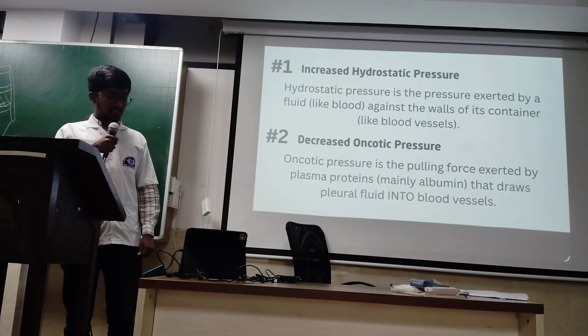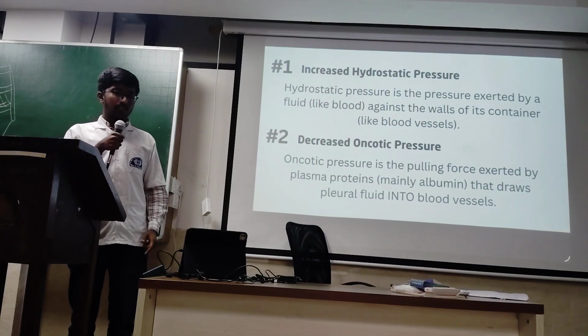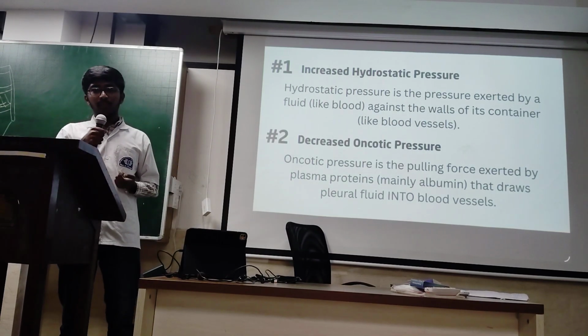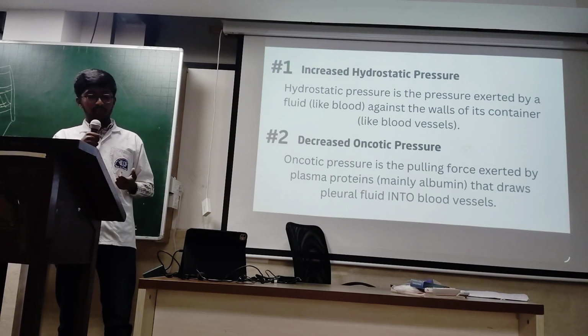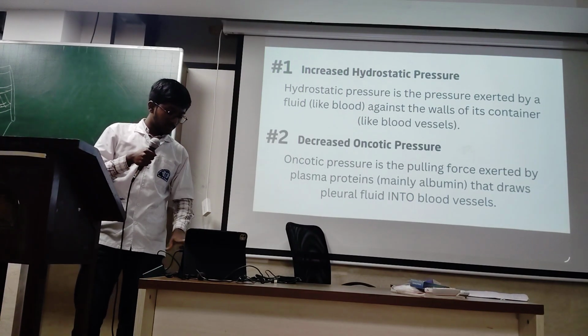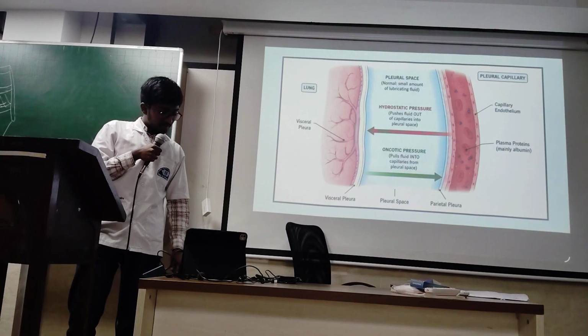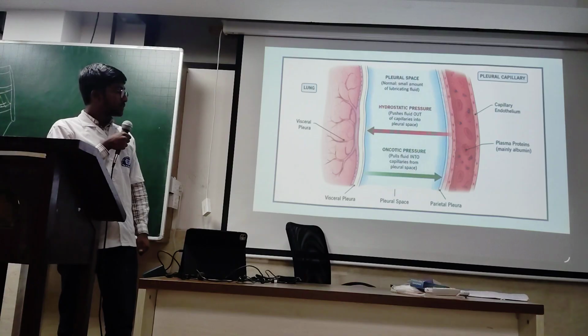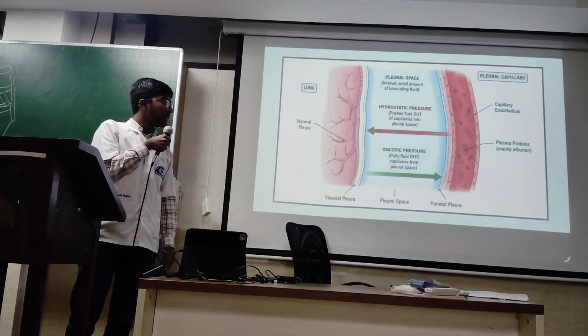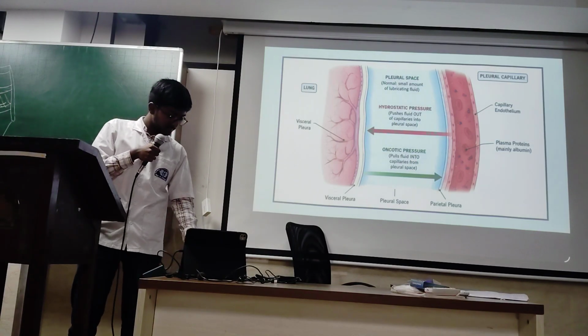So first is increased hydrostatic pressure. What does hydrostatic pressure refer to? Hydrostatic pressure is basically the pressure which is applied by the fluid on the walls of the capillary. So as you can see in the diagram, the hydrostatic pressure pushes the fluid into the pleural space, so it contributes to the accumulation of pleural fluid in the pleural space.